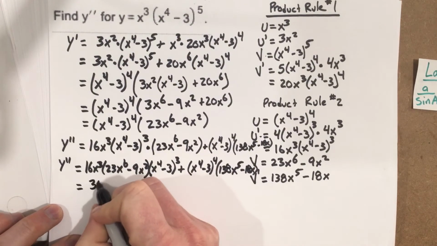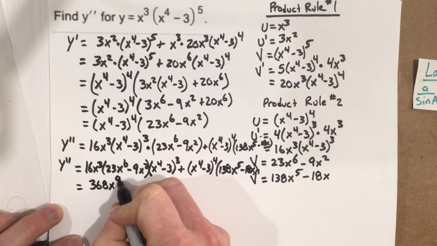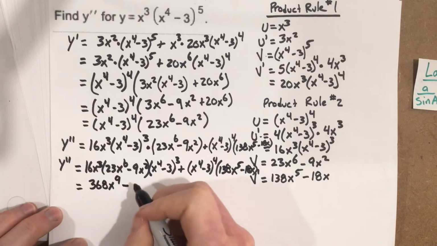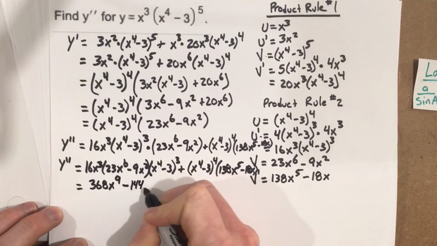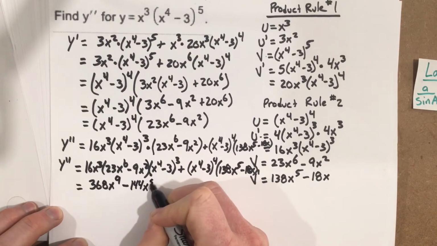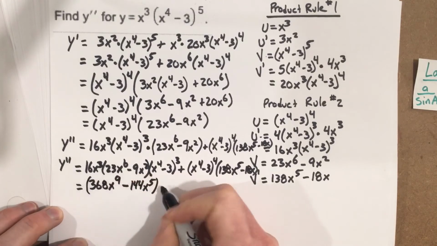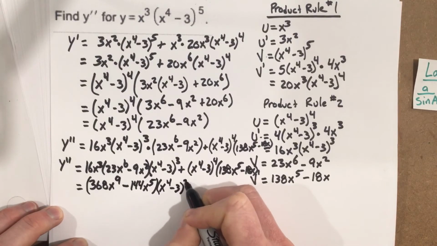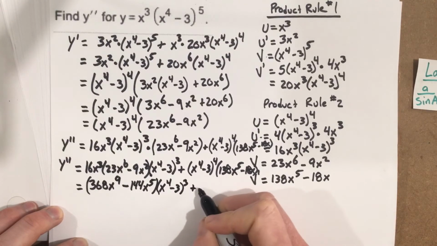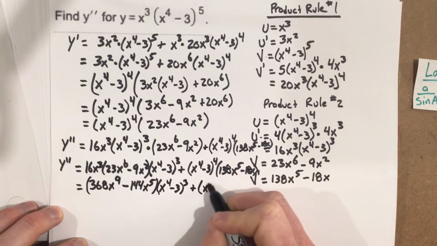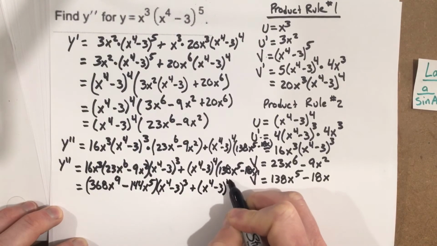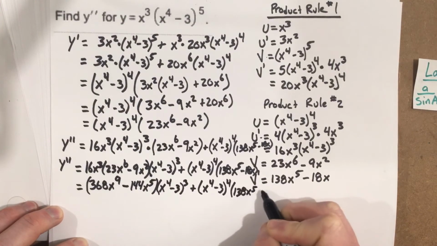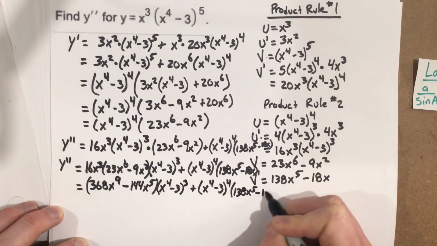So this is 368x to the 9th minus 16 times 9, 144x to the 5th, times (x to the 4th minus 3) cubed, plus we've got (x to the 4th minus 3) to the 4th times 138x to the 5th minus 18x.